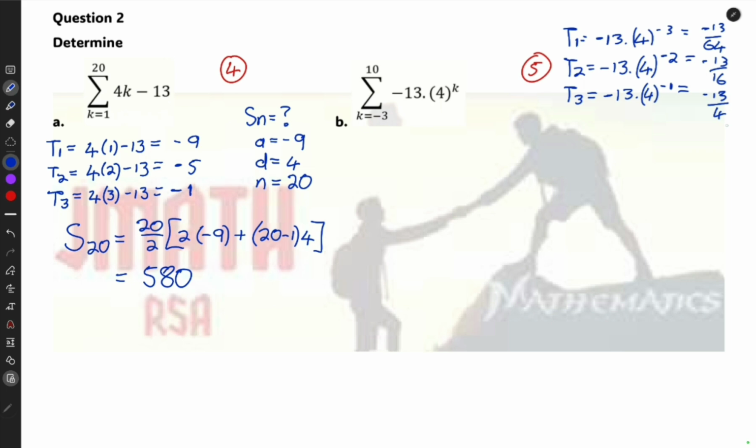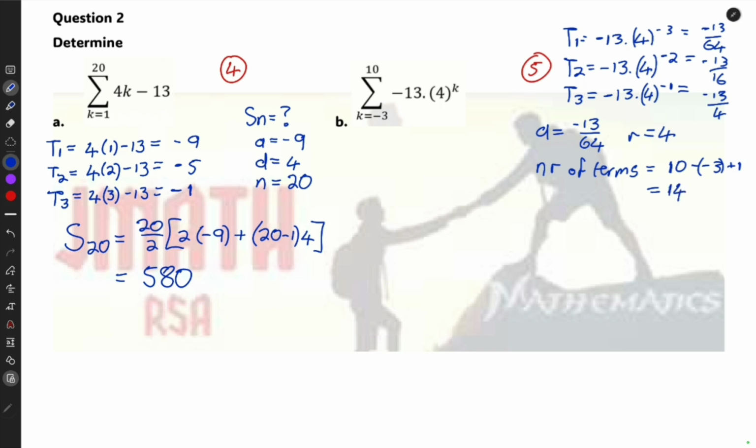So it's not a very nice pattern, but I can see I'm dividing by 4, but because at the bottom my r value will be times 4.